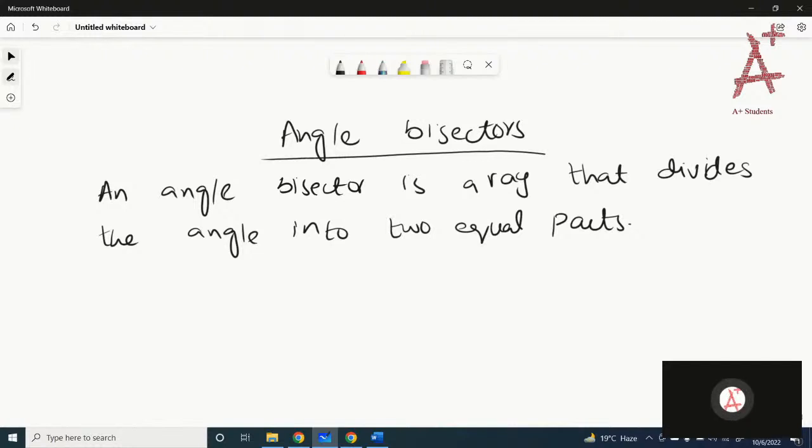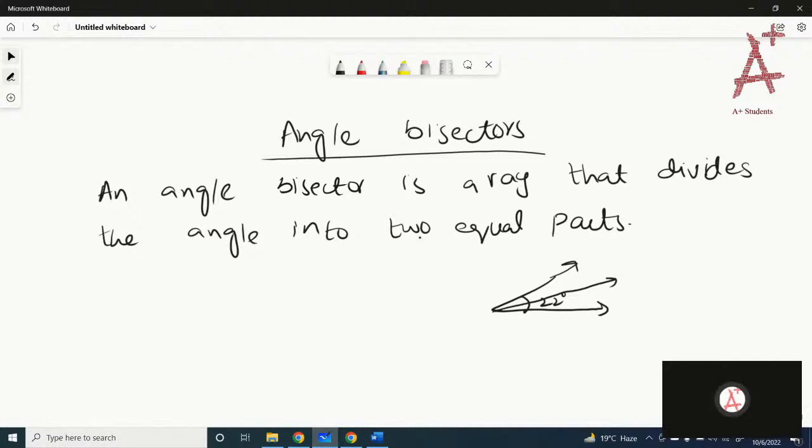Okay, let's start with examples. An angle is bisected, forming two new angles. If the original angle had the measure 22 degrees, what is the measure of each new angle?